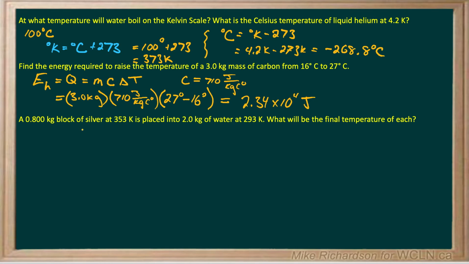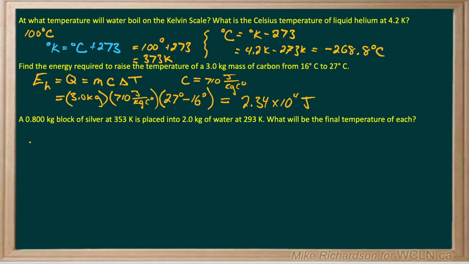Now, the last question, the most complicated one. We've got a block of silver that's fairly warm, 353 Kelvin, and it's only 0.8 kilograms of silver, and we're going to place that into 2 kilograms of water, which is only at 293 Kelvin. So 293 is roughly room temperature.